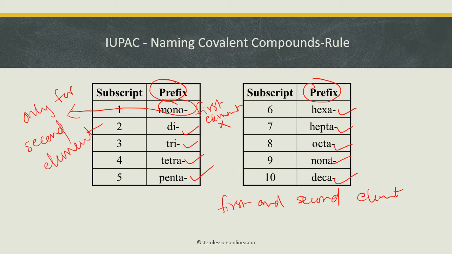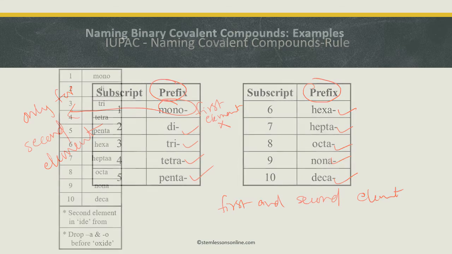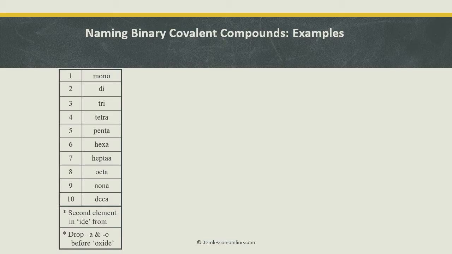Let's see. So the first example here is N2S4. In N2S4, you can see a subscript 2 here and subscript 4 here. Subscript 2 means we have to put di. If it is 4, we have to put tetra. So to name that compound, it is di, and the name of this element is nitrogen, correct?